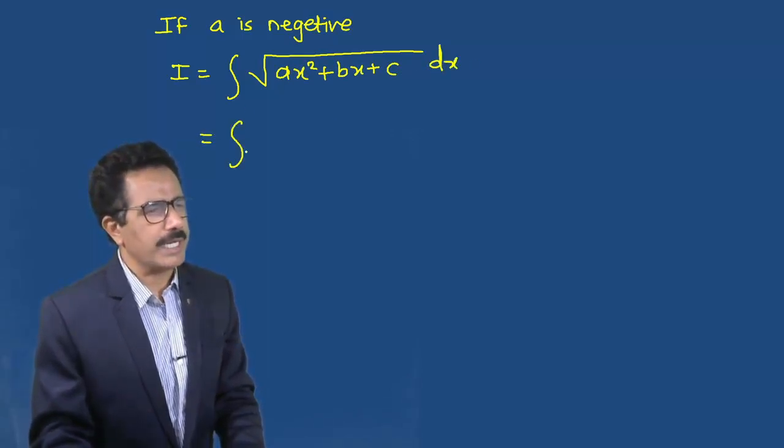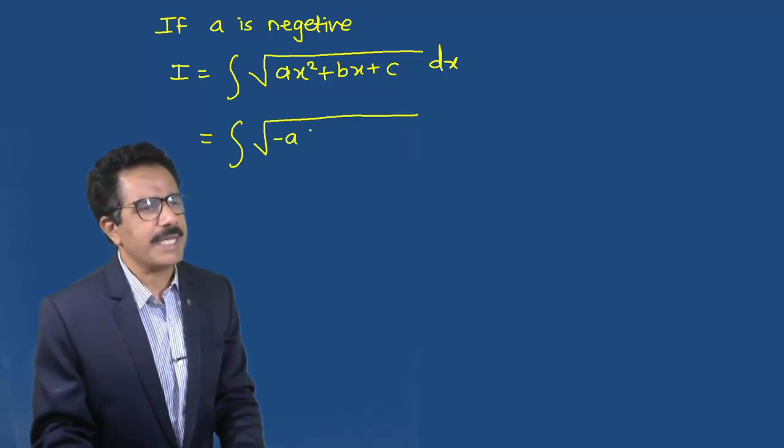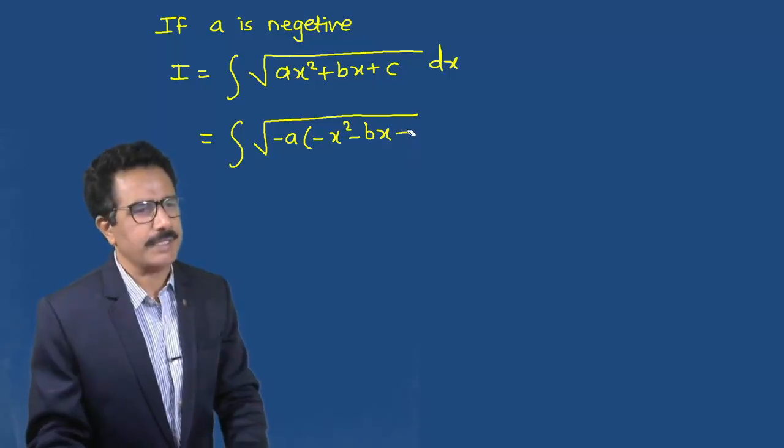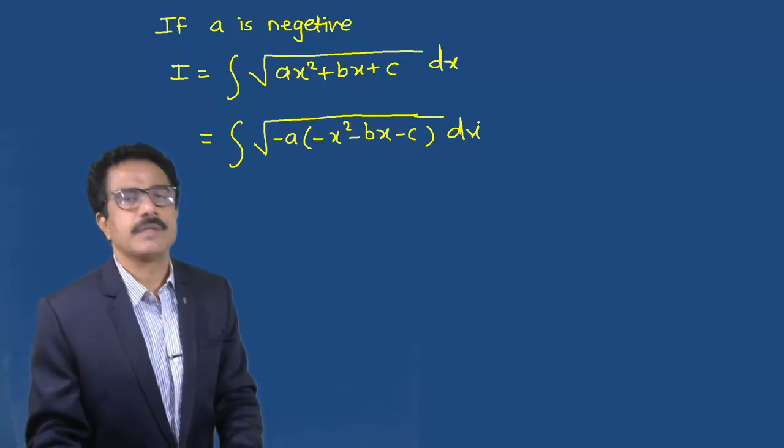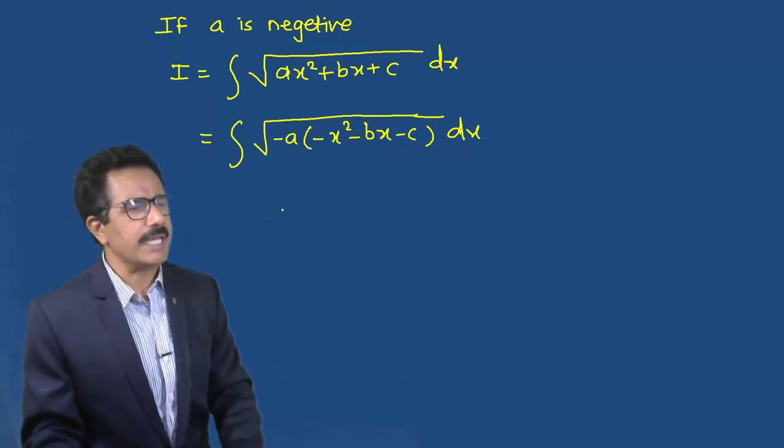So integration of root of minus a, we can take common, minus x square minus bx minus c into dx. Same process which we have studied in the last lecture.